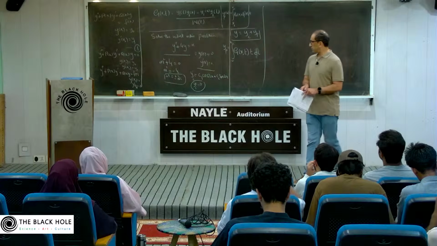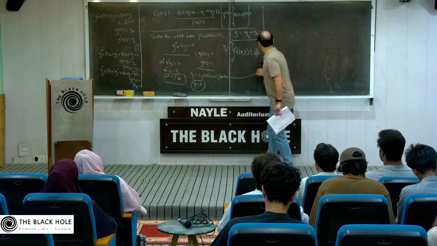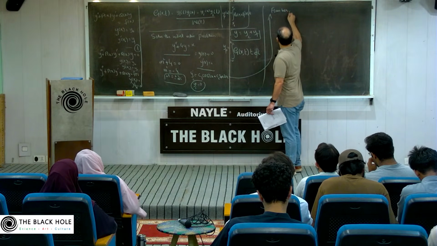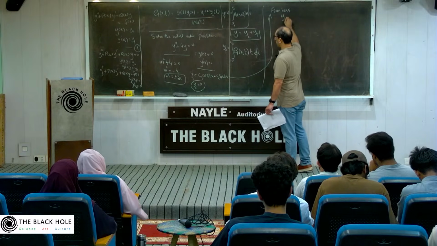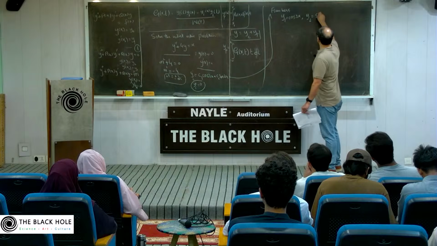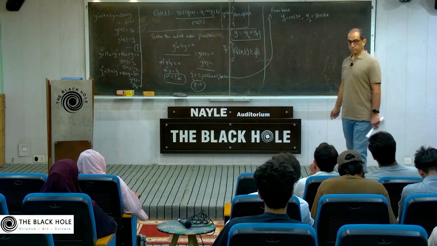So from here, y1 is equal to cosine of 2x, y2 is equal to sine of 2x.